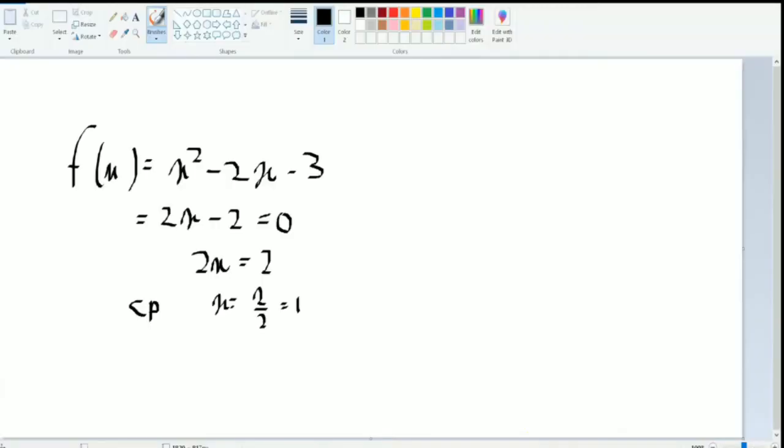After we find the critical point, we make a table, which is f prime, wait, I forgot to put this one, f prime x. Yeah, okay, so f prime x, and down here we put f(x), and the critical point is 1, so we put 1 over here.